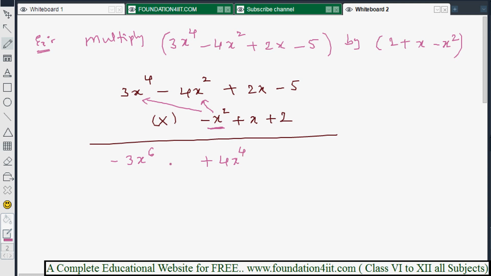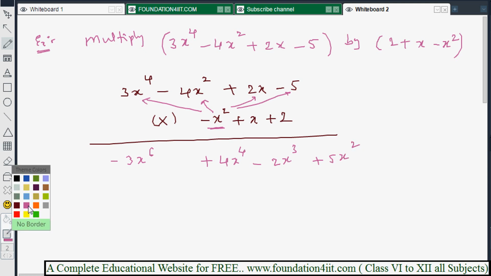Again there is no x power 5 term, so I am giving a gap to do it clearly. Minus same, and third one, minus x square into plus 2x is minus 2x cube. Again with this next, minus into minus is plus 5x square. Okay. Similarly with x and plus 2 also, the other two terms you can take the same way.